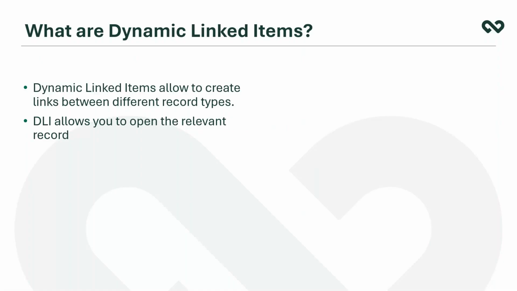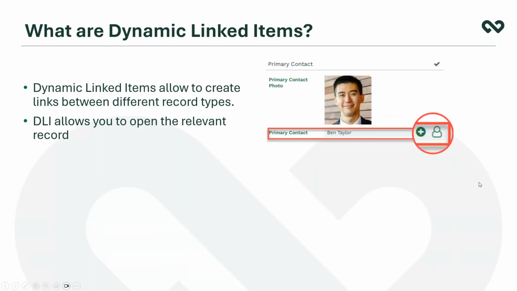And with DLIs, they allow you to open the relevant records like so. You usually see these icons where you can create the target record from the field itself, or open the target record from the field.